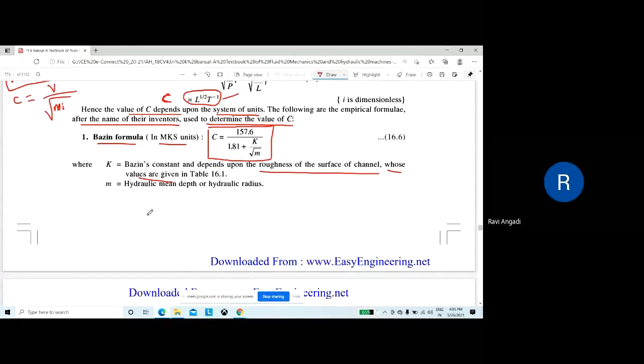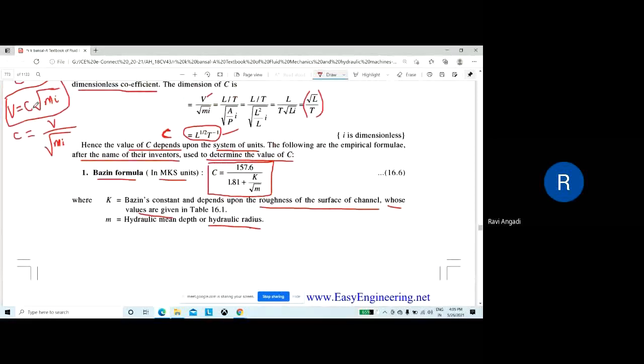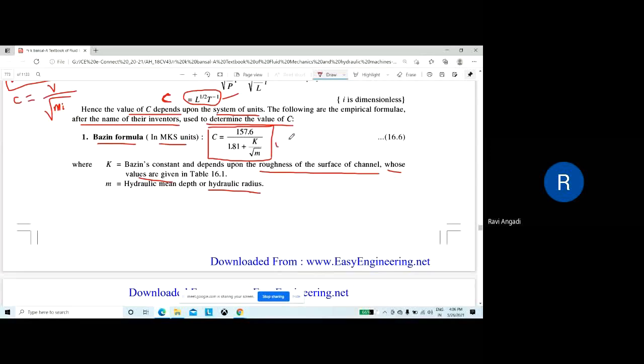And m is the hydraulic mean depth or hydraulic radius. In the absence of the value of C, if the value of K is given in a problem, then you have to calculate the value of C first, then substitute back in the Chezy formula and get the velocity of flow. This is by using Bazin's formula for the value of C. I hope all of you understood. So this is Bazin's formula to be used to calculate the value of C.